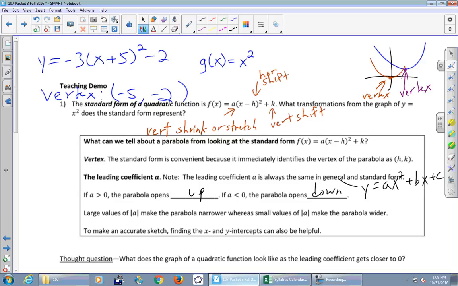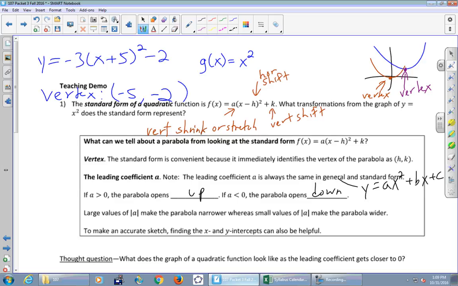Okay, and if the absolute value of that magic number A is big, then the parabola gets, it says narrow here. That's the way I think of it, but honestly that's not the way we've been thinking about it this semester together. We said that A was a vertical shrink or stretch, right? So if A is really big, it stretches vertically.